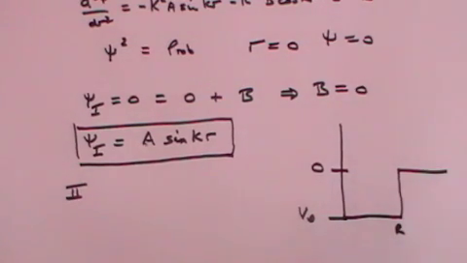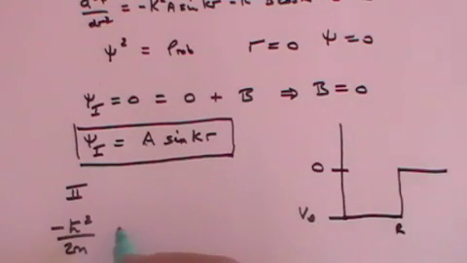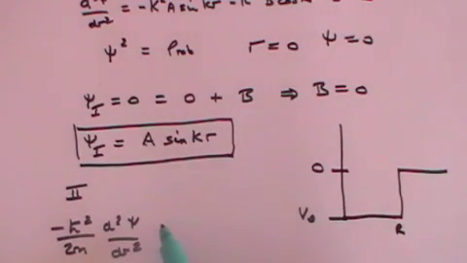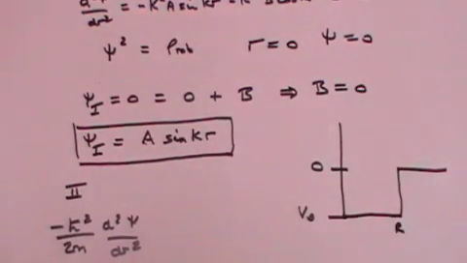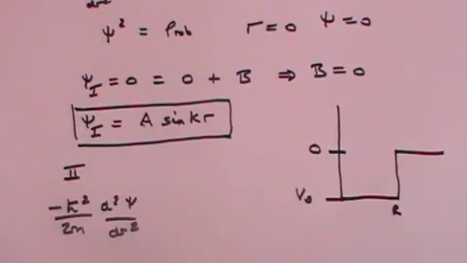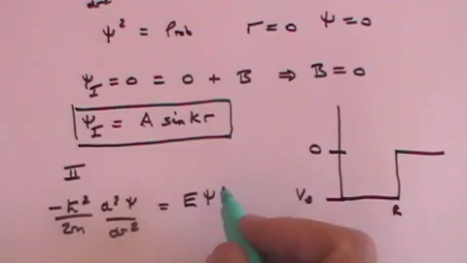And that is going to be the Hamiltonian, which will say, let me just rewrite the Hamiltonian for you, minus h bar squared over 2m d2 psi by dr squared. Now it would normally say plus the potential, but the potential is 0, so we don't need to bother about that, and that equals E psi.